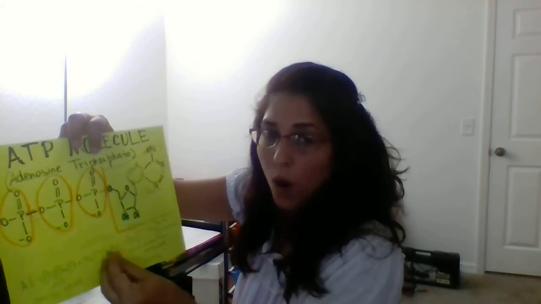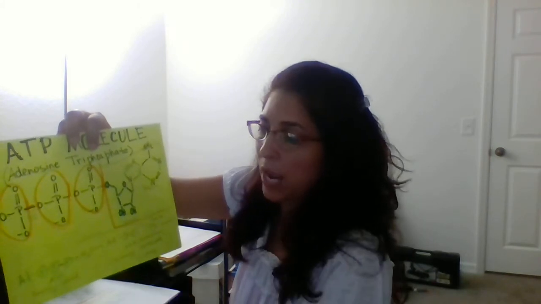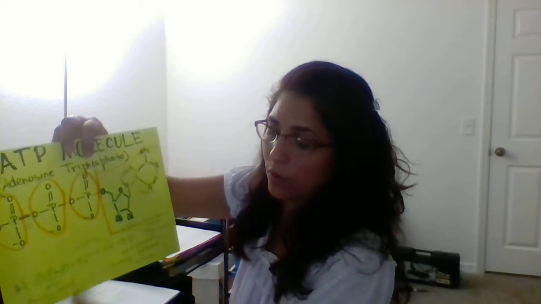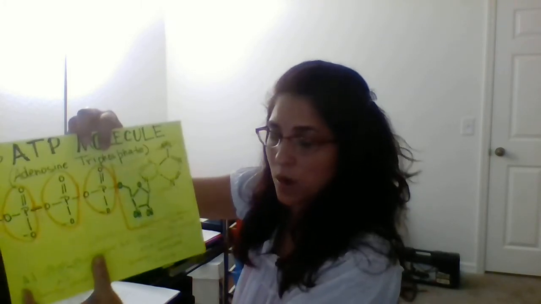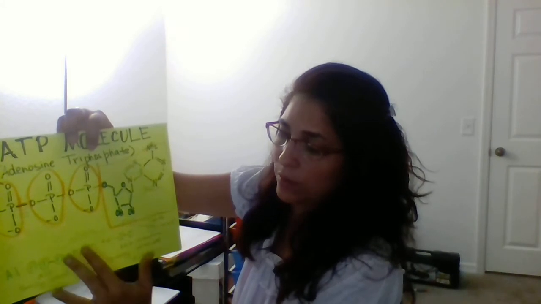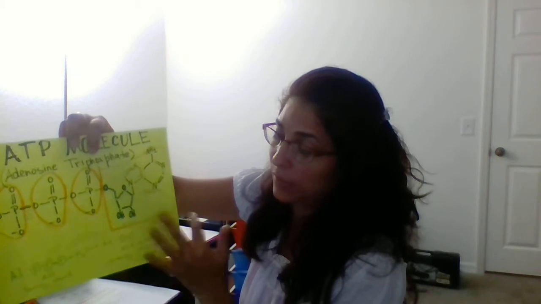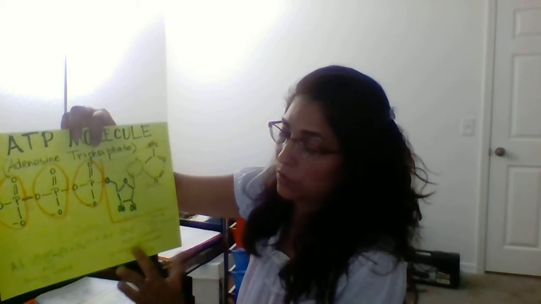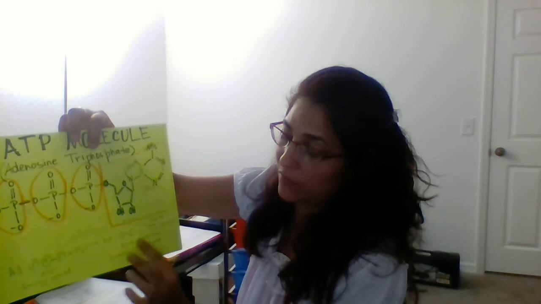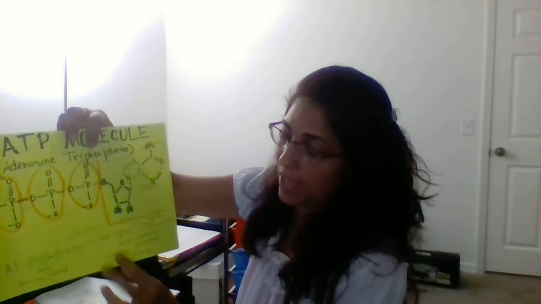If we use water and do the hydrolysis, all the energy that is stored in this part is released after this phosphate pops off, and then the ATP will transform into ADP because it will have one less phosphate. So it will be adenosine diphosphate, and the energy is released. This is how the ATP molecule functions.